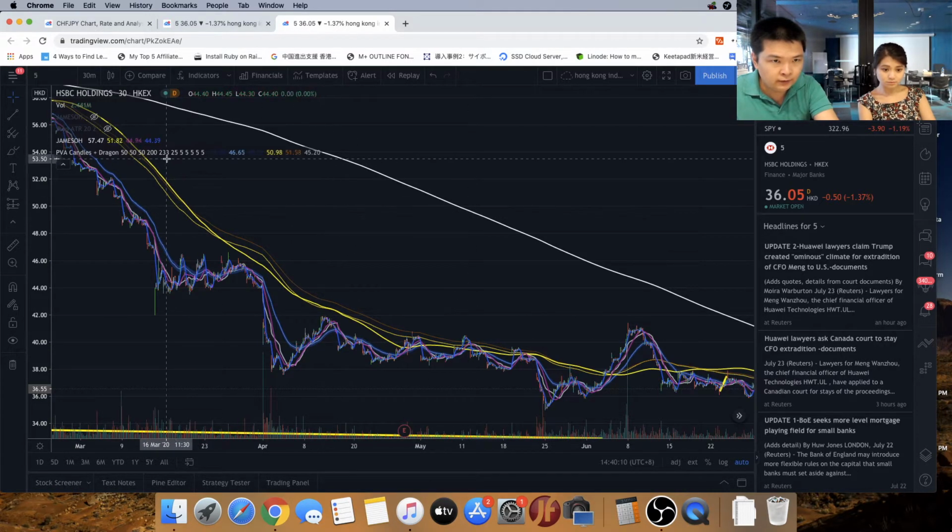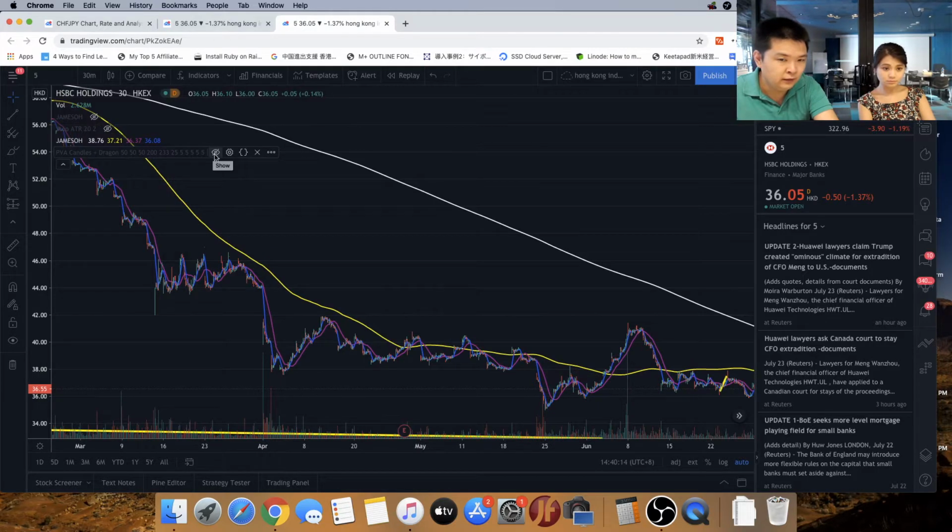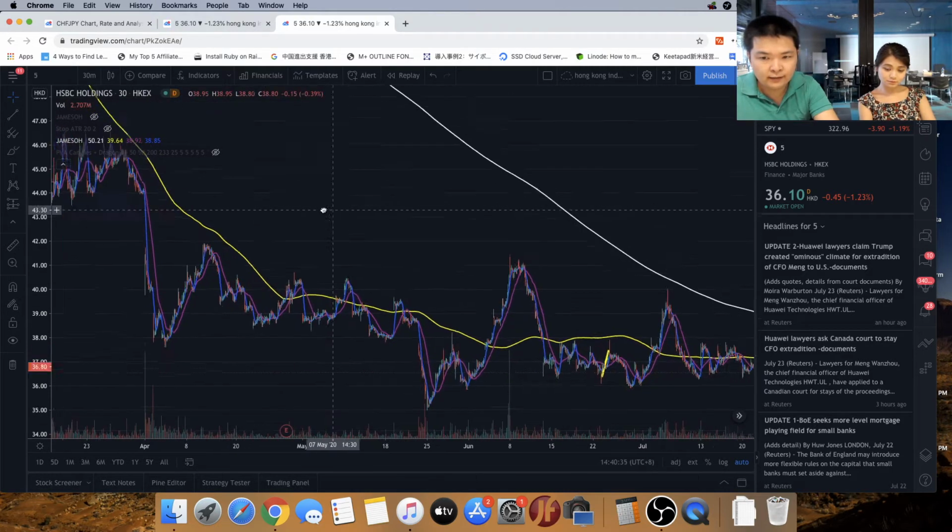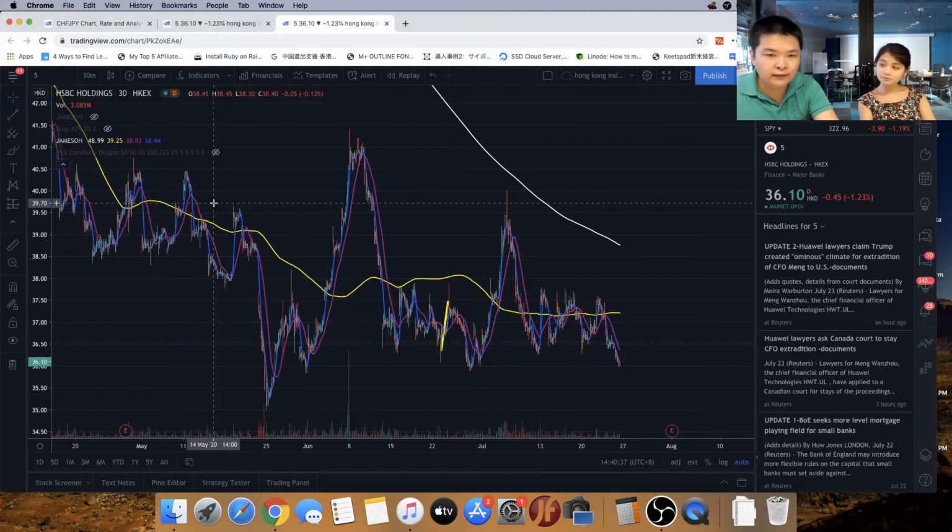Let's get rid of this for a while. Here you can see that it breaks a little bit here, a little bit here, here not much. This is the 200 MA. Now when you put the 200 EMA, it actually becomes a little bit better for this example.